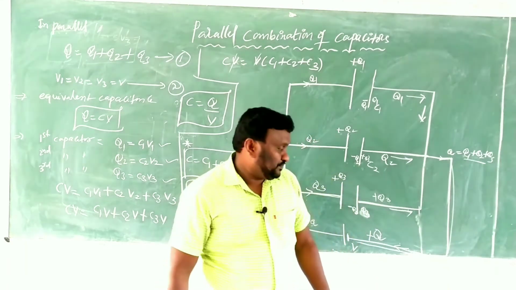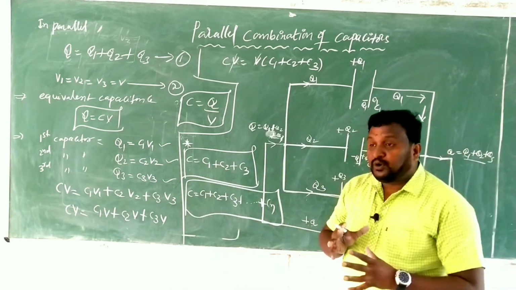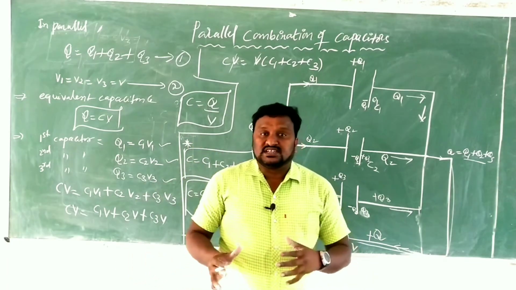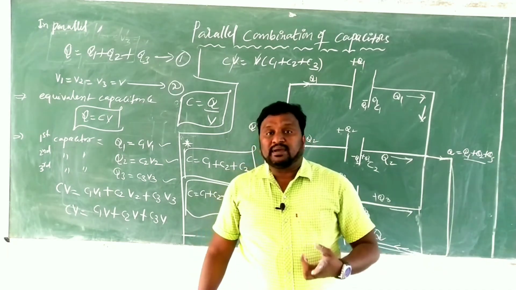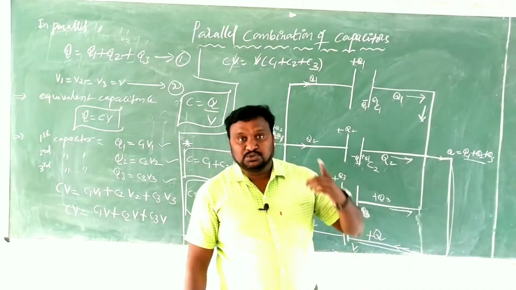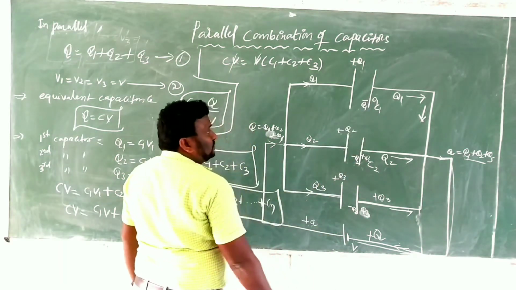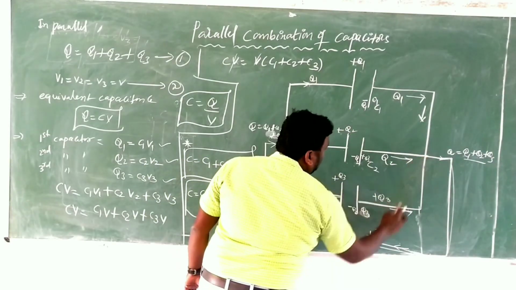Let us see here, children. This is one of the most important topics, that's why you have to watch carefully. So once again, we have three capacitors with capacitances C1, C2, C3. They are arranged in parallel like this. First plates are given to one point, second plates are given to another point.